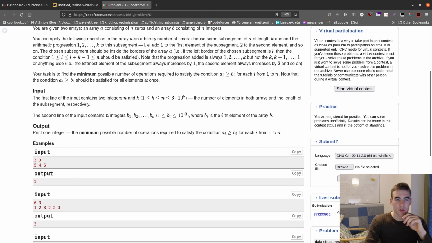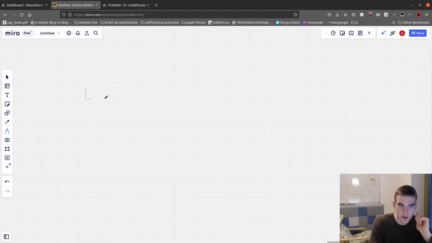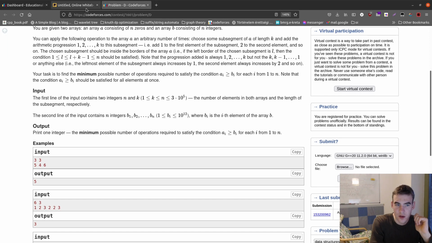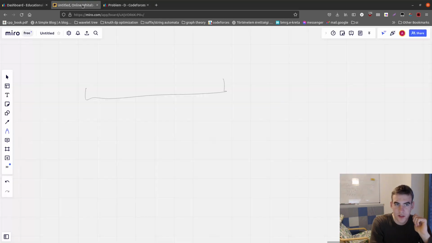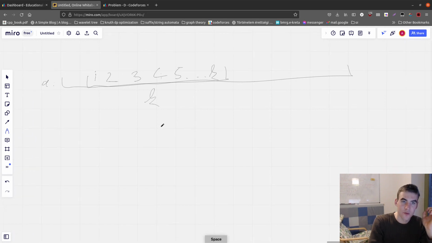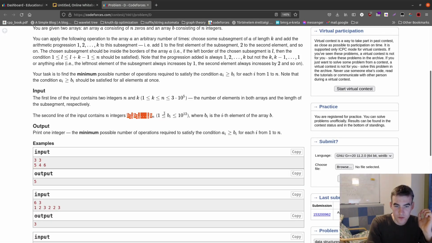And we can do an operation where we select some segment of exactly length k in A, and add an arithmetic progression to this contiguous subsegment of A. We add the arithmetic progression 1, 2, 3, 4, 5, ..., k. And we have to find the minimum number of moves to make A equal to B.